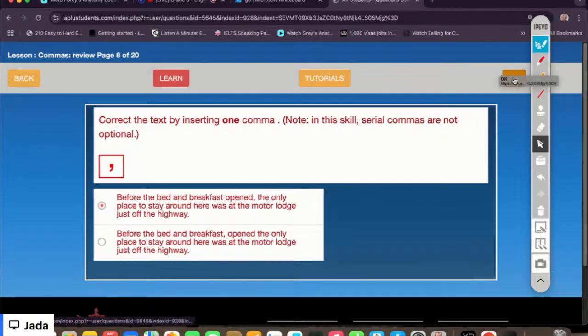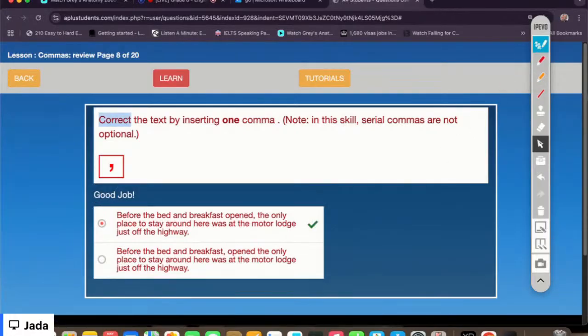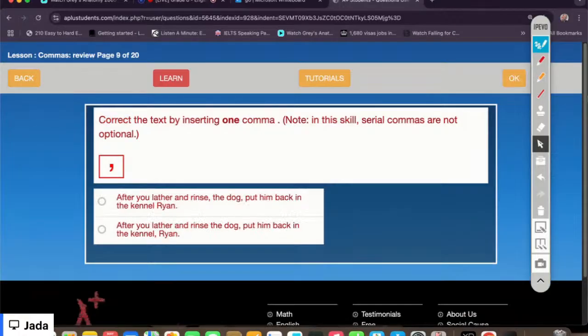All right, so the first. Okay. So: after you lather and rinse the dog, put him back in the kennel. First or second?